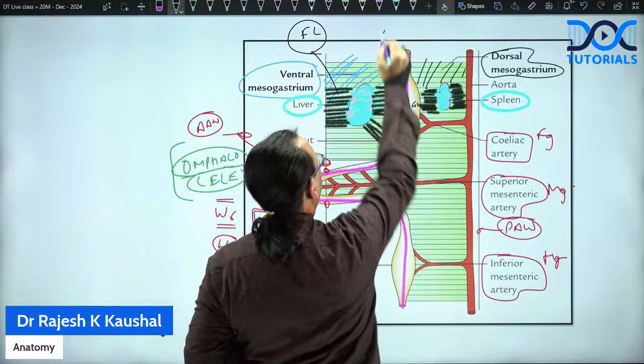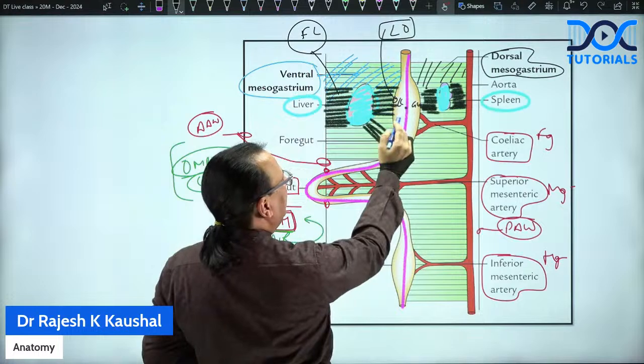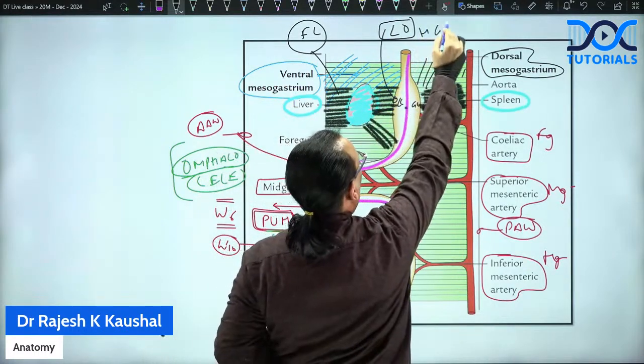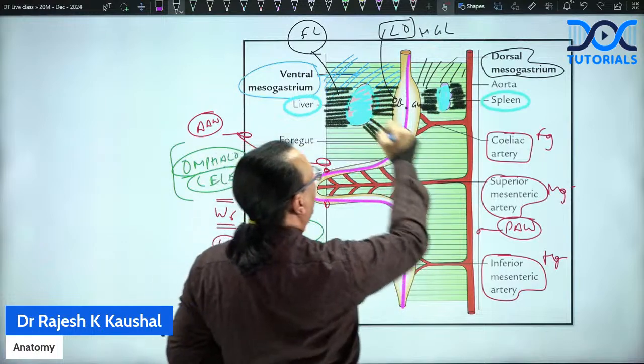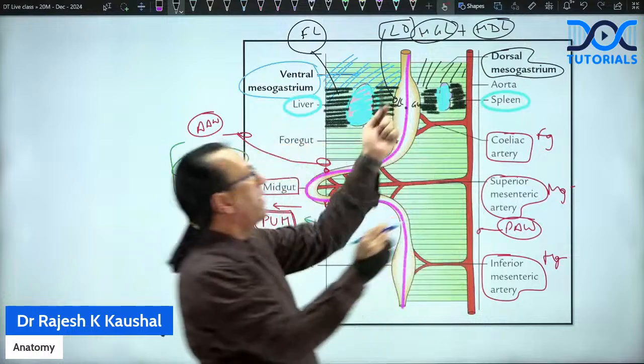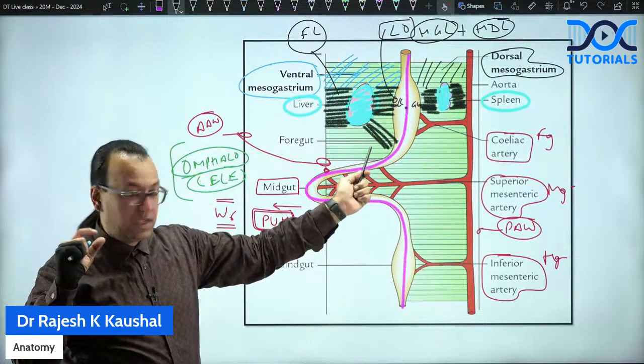Other names, you can see the stomach and liver: hepatogastric ligament or hepatoduodenal ligament. There are two of them, hepatoduodenal and hepatogastric. If you combine them, it is called the lesser omentum.